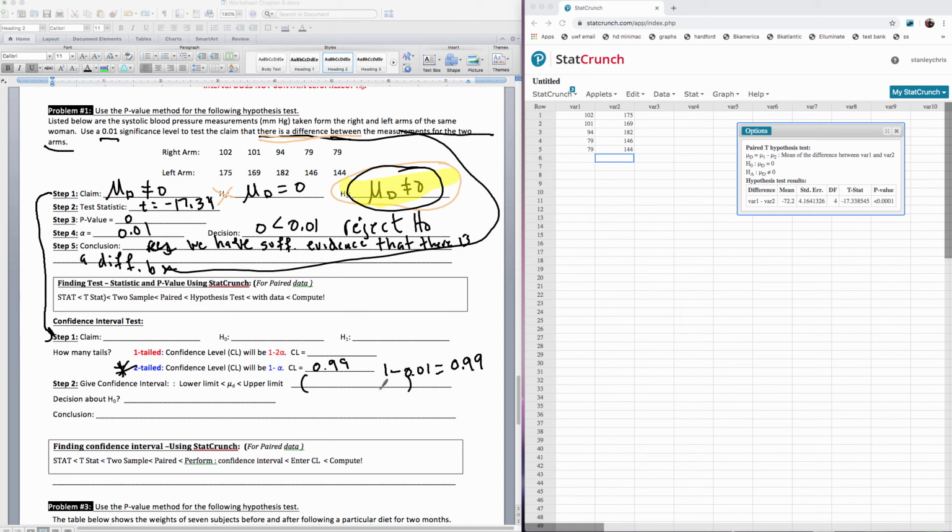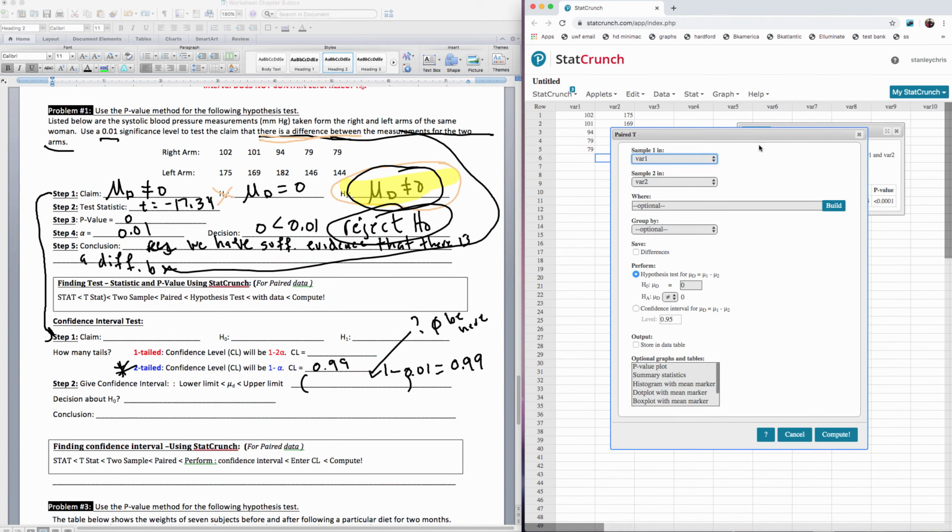When I get my interval, try to see if you could figure out if 0 should be in the interval. We rejected the null. So to reject the null, should 0 be here? Okay, so see if you could answer that. You should know, but if not, you could wait and see.